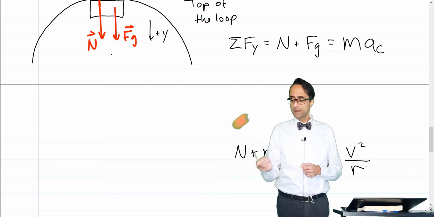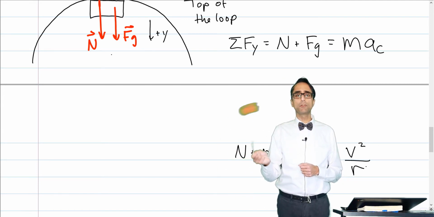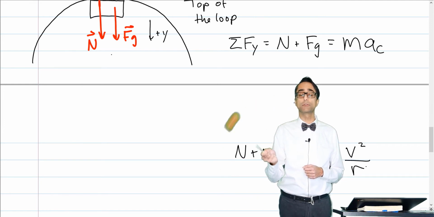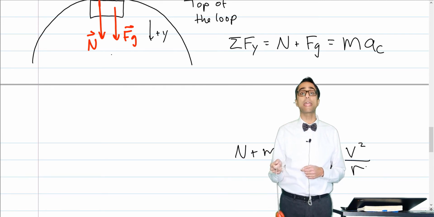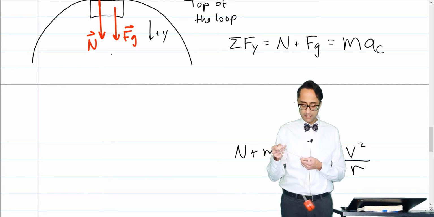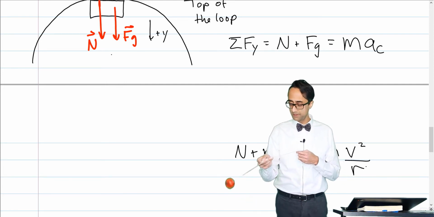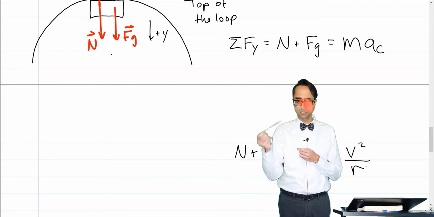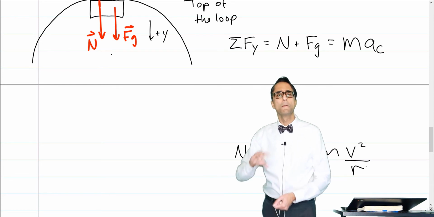Well then, let's think about the minimum velocity necessary to make this yo-yo go around, all right? I'm going to slow it down, slow it down, slow it down until it can't make it over. So there is a velocity where it just makes it over.